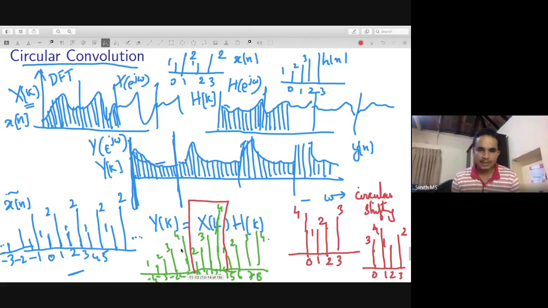So let us time reverse it. Your waveform will be, if you time reverse it, at 0 it doesn't change. At 0 point you have 1 anyway, that will be 1. At 1 you have 2 now, which will go to -1, and 4 will come there.